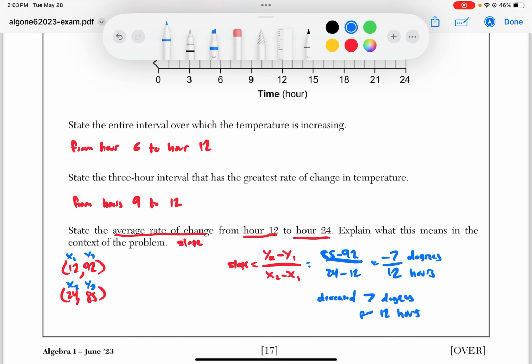Or, if you actually go in and do 7 over 12, negative 7 over 12 is equal to negative 0.58. So we could also say decreased 0.58 degrees per hour. Forgive my sloppy handwriting.